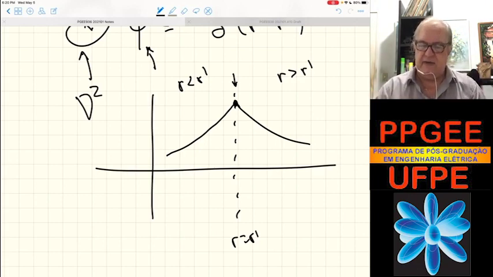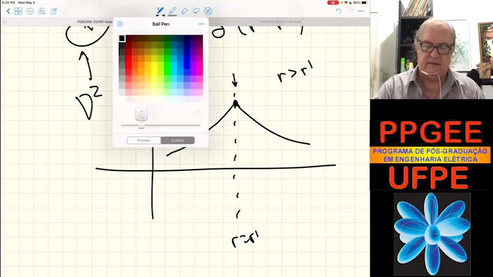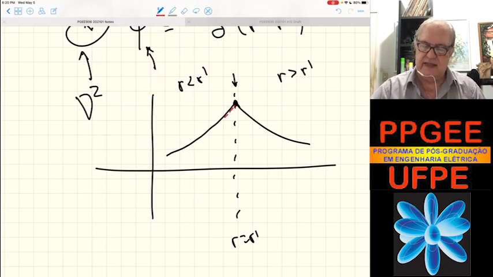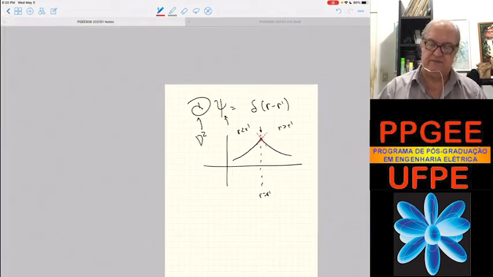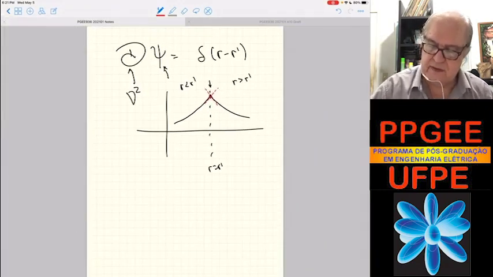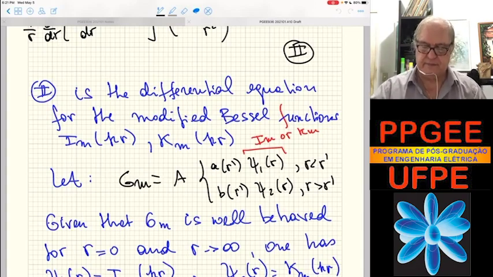But you have a discontinuous slope. You're going to see that every time you have a delta function on the right hand side, you're going to have a discontinuous slope and a continuous function. So that's what happens here.